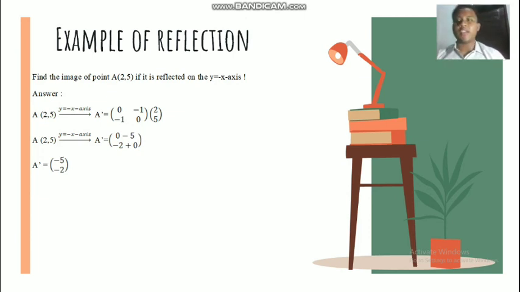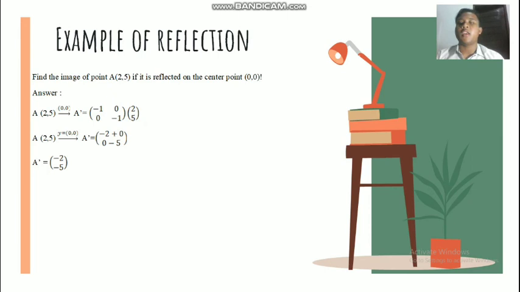Okay, the answer is A(2, 5), y = -x. So A' is [0 minus 5, -2 plus 0]. So A' equals (-5, -2).